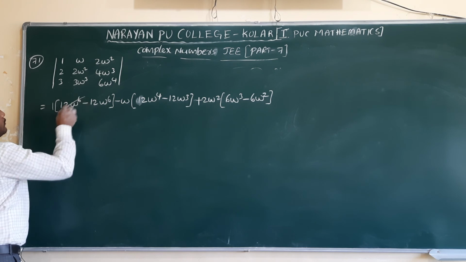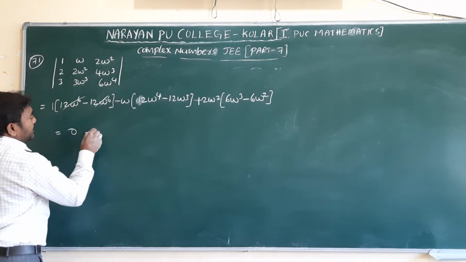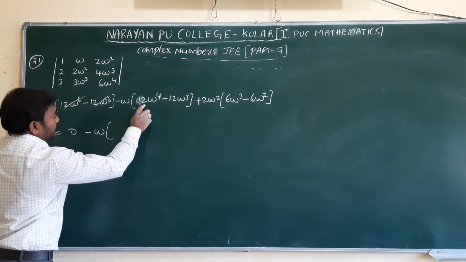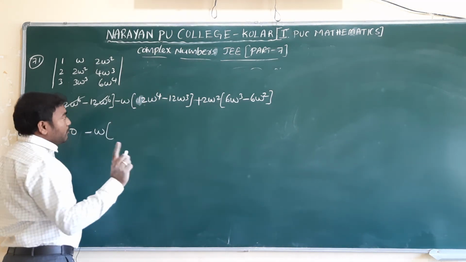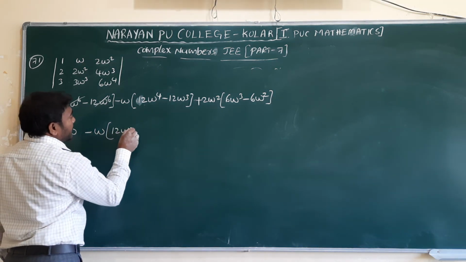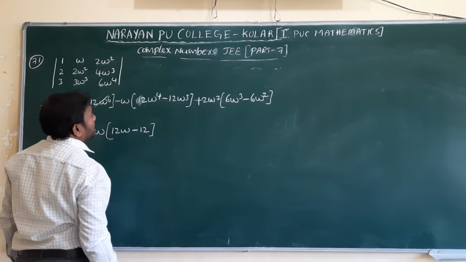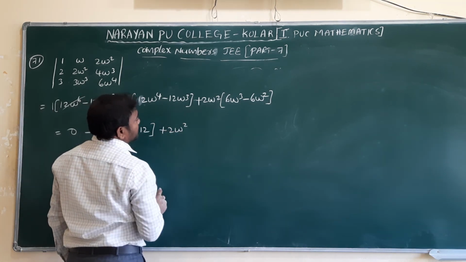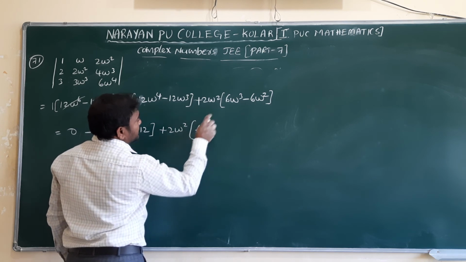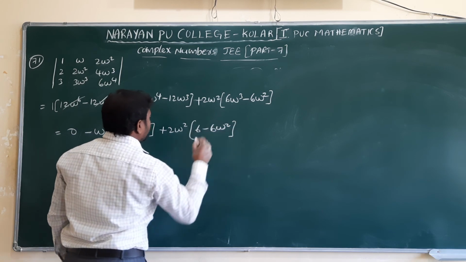Here 12 omega will get cancelled, remaining 0 here, minus omega into here 12 omega power 4, value omega, 12 omega minus 12 omega cube, plus 2 omega square, 6 omega cube value 1 minus 6 omega square.